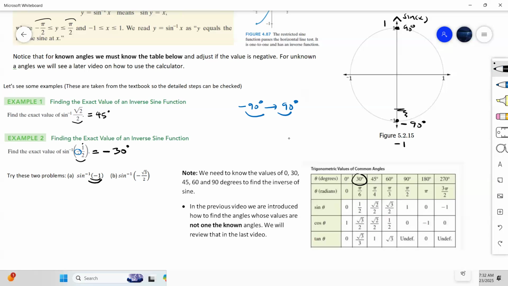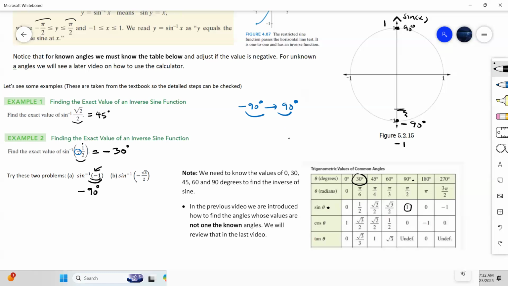Okay. So I go look at the table where I have 1. Remember, the table is only going to show positive values. So here's 1 for sine, and it's associated with a degree of 90. But I am in the negative. So obviously this is minus 90.